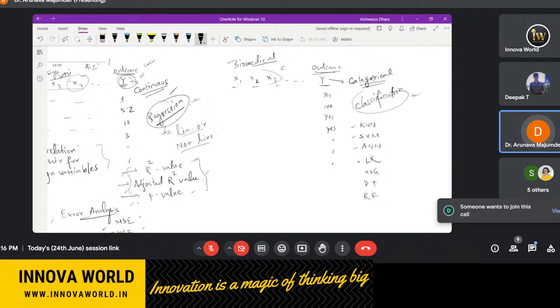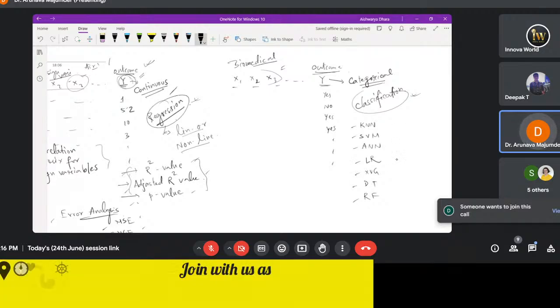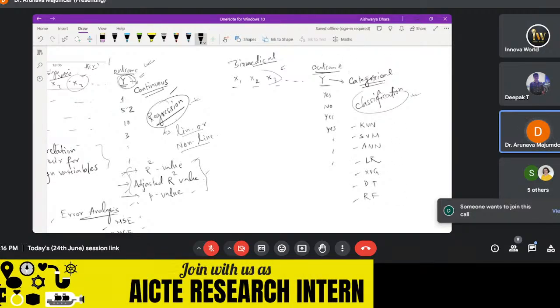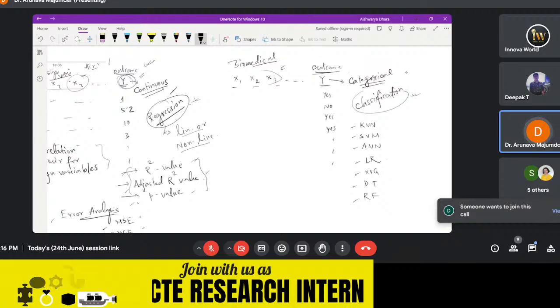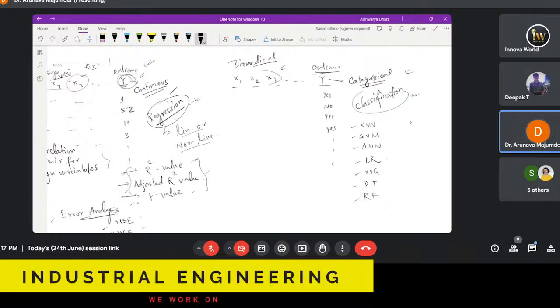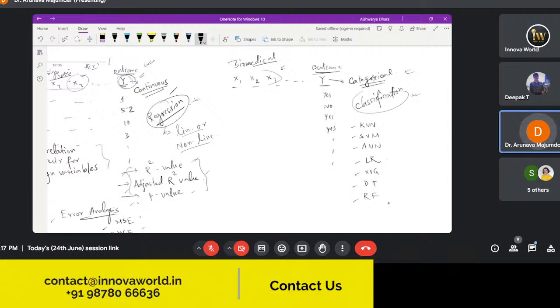These are the different ML techniques available in case of categorical or classification problems. So in case of classification, you have to apply all of them.